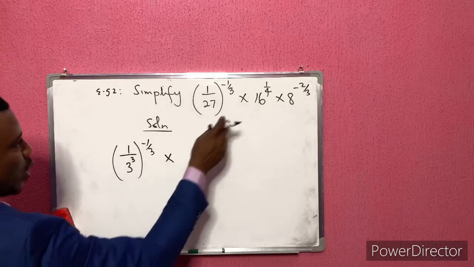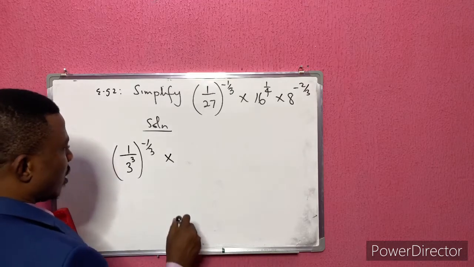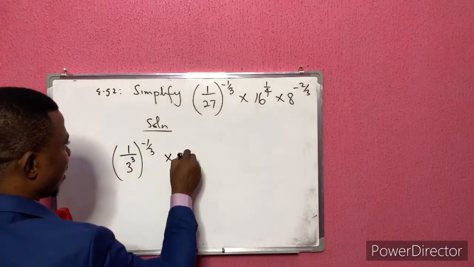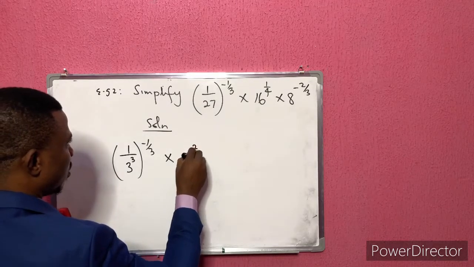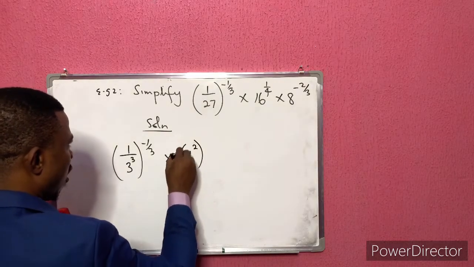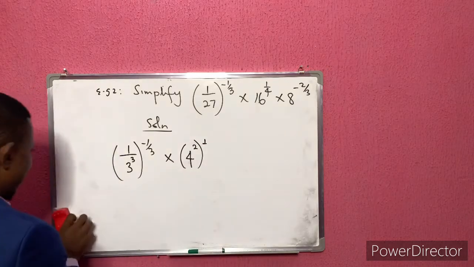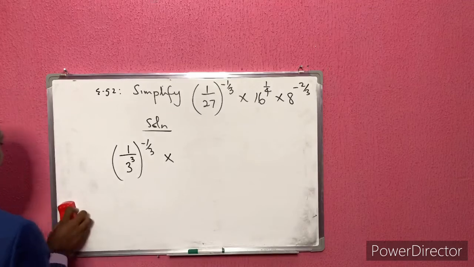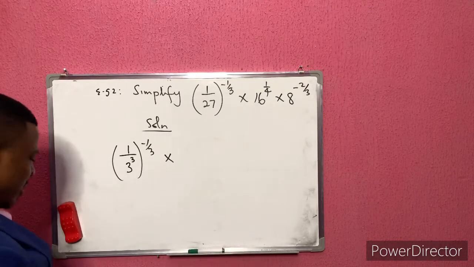Multiplied by, what is 16? I think the simplest one is 2 times 2, 4 times 2 is 8, times 2 is 16.